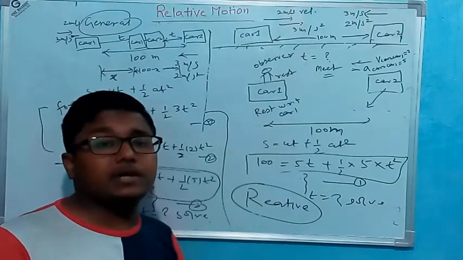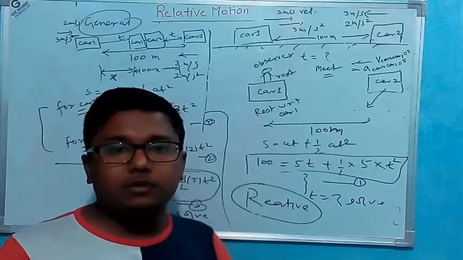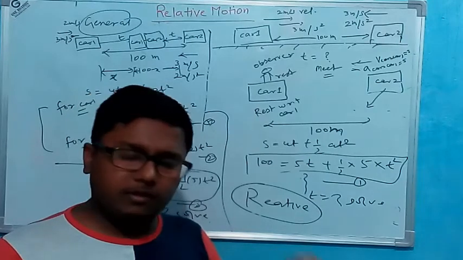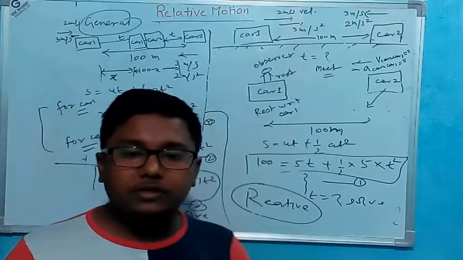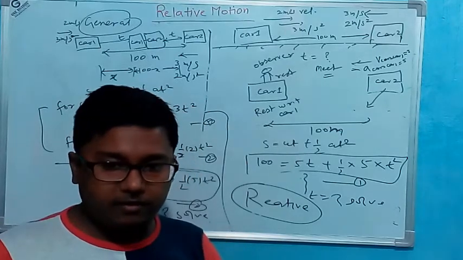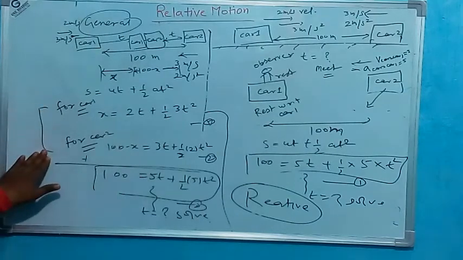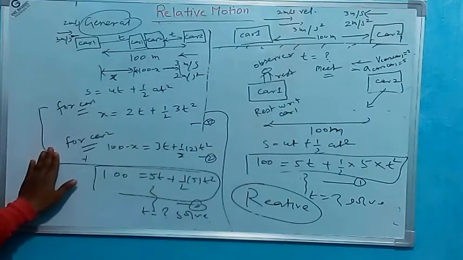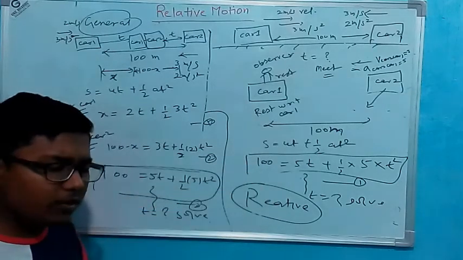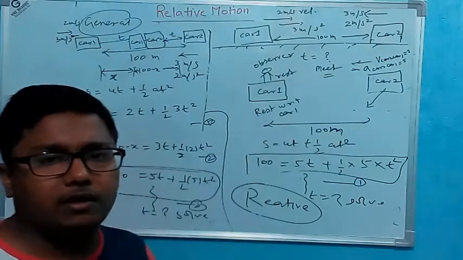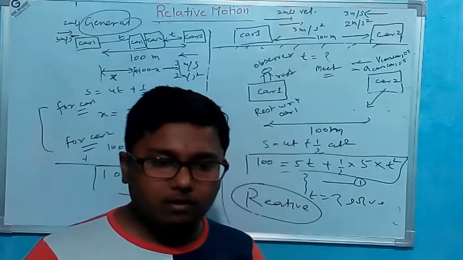But in some cases the problems are so confusing and so calculative that we have to use the relative method to solve easily and reduce our effort. We can see here that the general method uses 2 equations and here there is only 1 equation. Therefore, we can say that the relative method reduces our effort and our time.